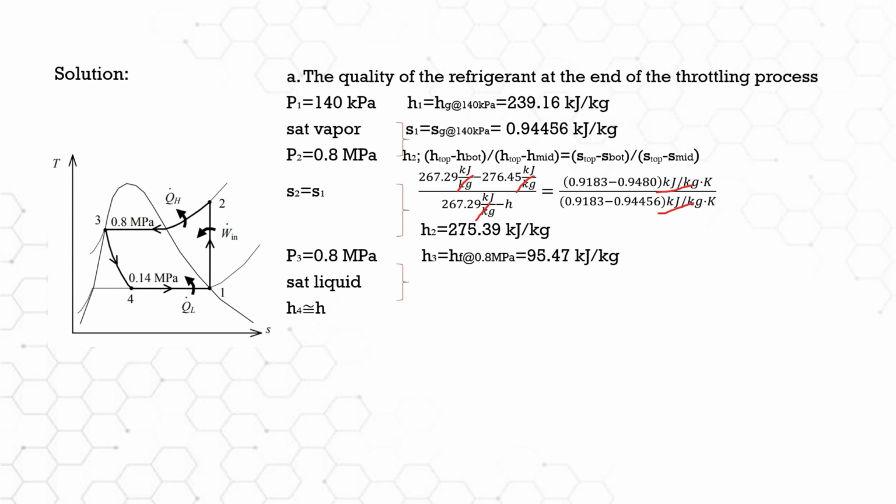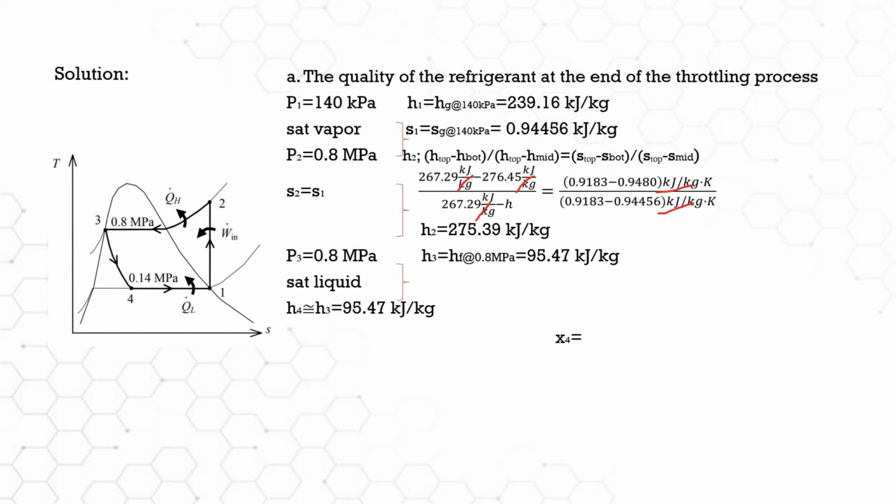Thus, our enthalpy at state 4 is approximately equal to our enthalpy at state 3. So, our enthalpy at state 4 is equal to 95.47 kilojoules per kilogram, also known as our throttling process.